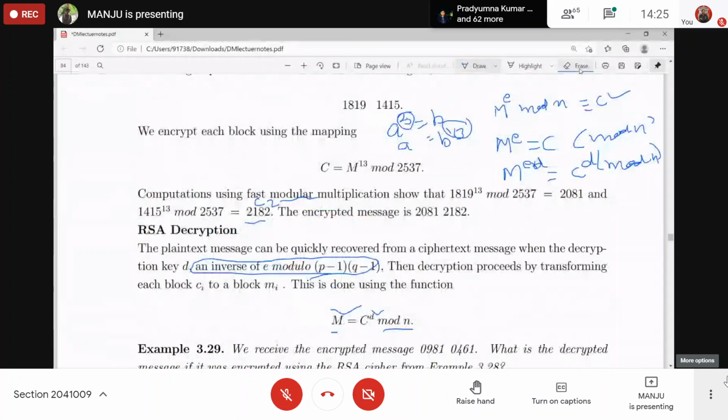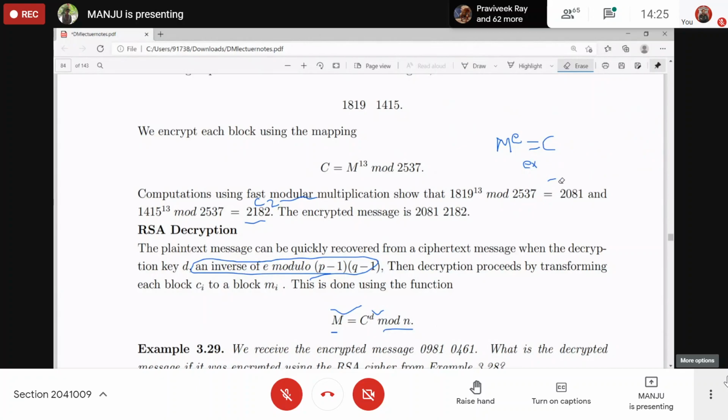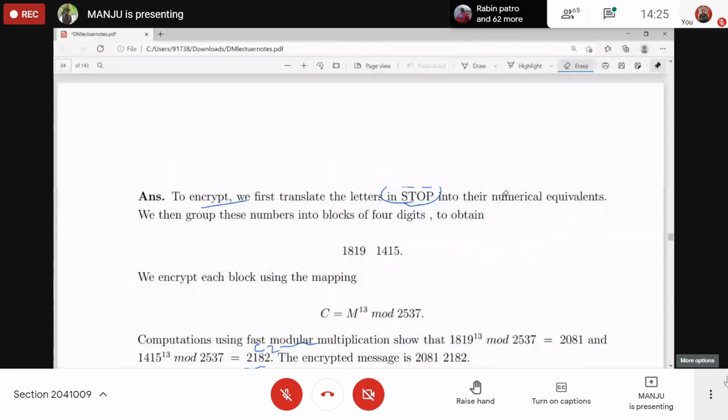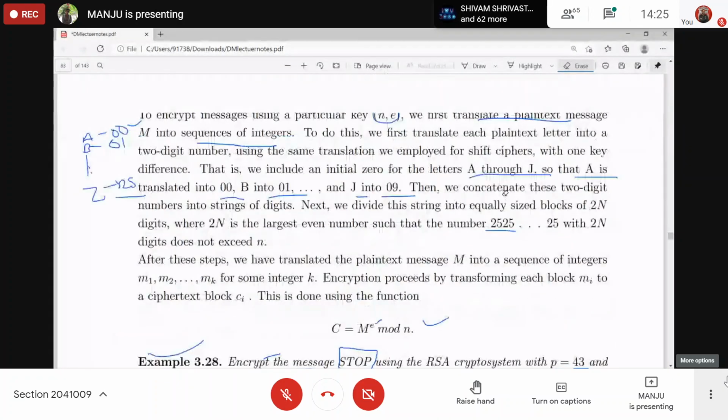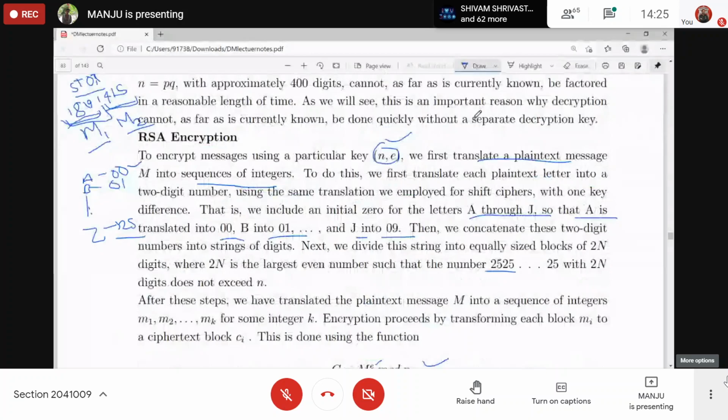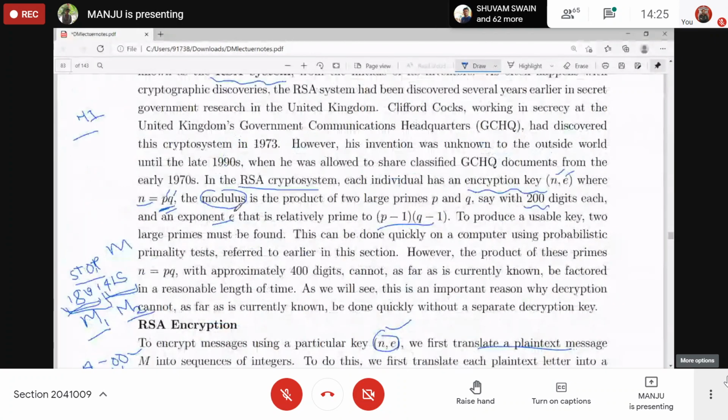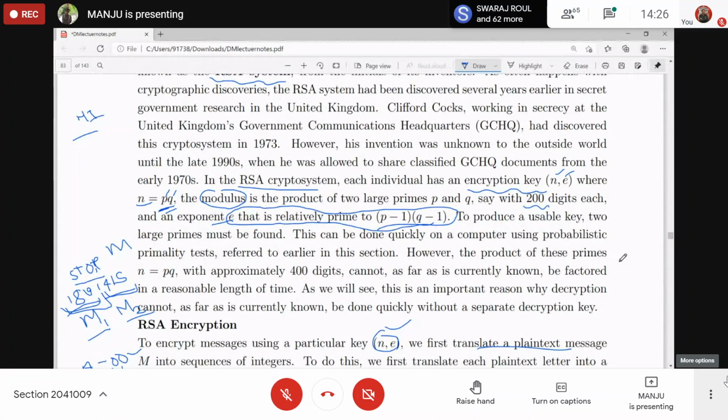See, E is given such that E has GCD with (P minus 1) into (Q minus 1) as 1. It is relatively prime, E is relatively prime to the product (P minus 1) into (Q minus 1). Clear?